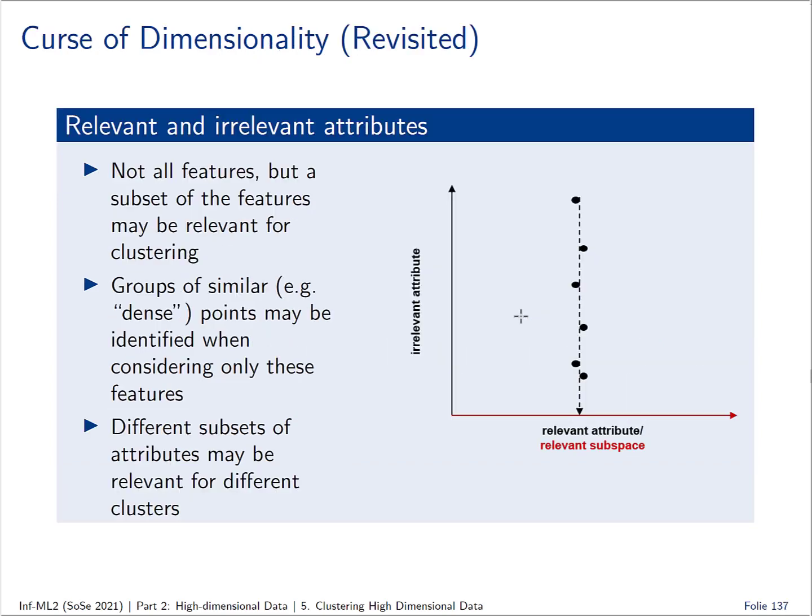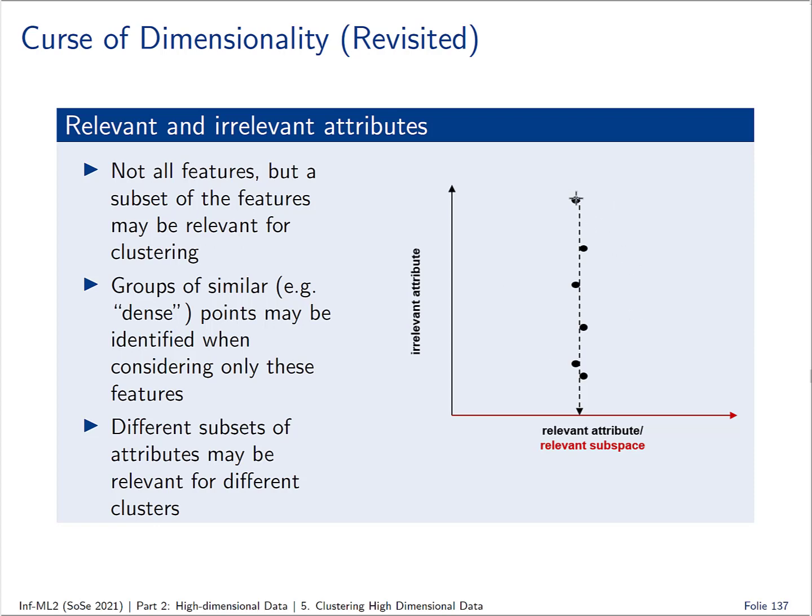And the problem again is relevance and irrelevance. So again, when is some feature really relevant to a cluster, and when is it irrelevant? So not all features, of course, but just a subset of features may be relevant for a given clustering. Well, we already talked about that a lot. So here is another visualization of that.